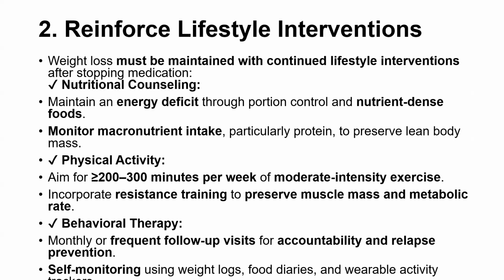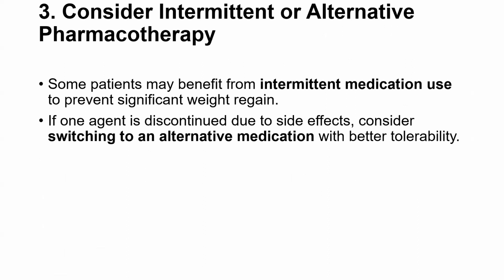In terms of behavioral therapy, monthly or frequent follow-up visits for accountability and relapse prevention, and self-monitoring, logging the food intake, weight logs will be extremely useful, thereby reinforcing the lifestyle interventions. Third, consider intermittent or alternative pharmacotherapy, also mentioned in the guidelines.